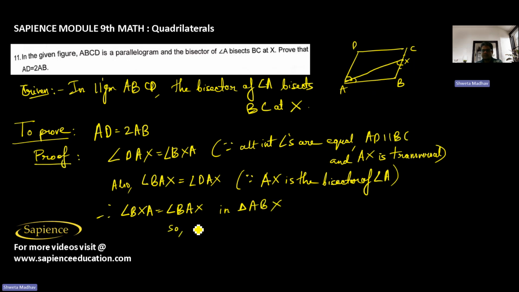So hence I can say that angles BXA and BAX are equal, so AB will be equal to BX.